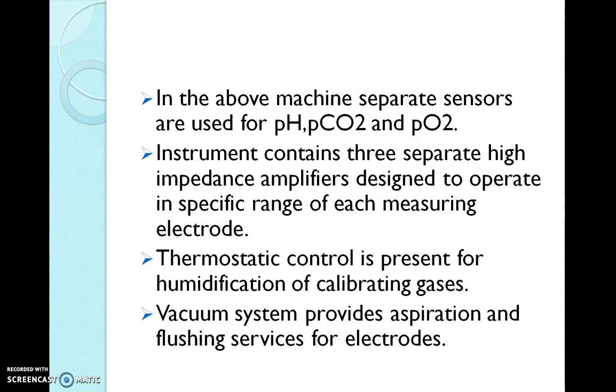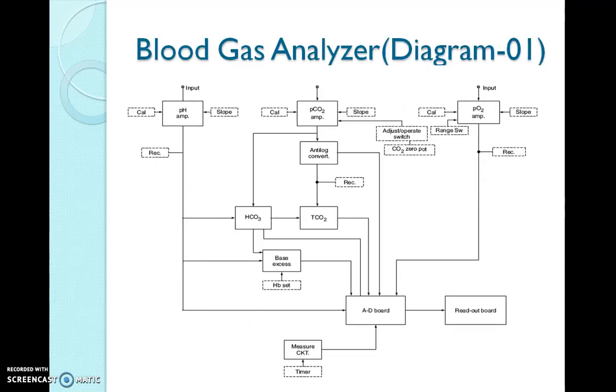The input signal to the HCO3 calculator comes from the outputs of the pH and PCO2 amplifiers. The outputs are suitably adjusted by multiplying each signal by a constant R and given to an adder, as shown in this diagram. The next stage is an anti-log generator, which is similar to the one used in a PCO2 amplifier.